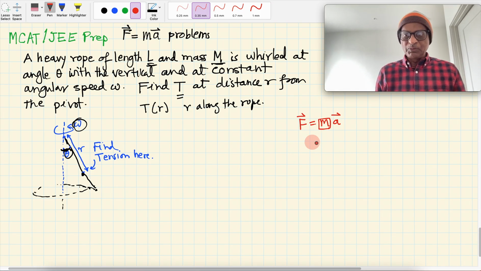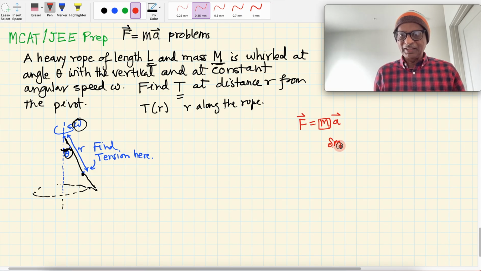So if you look at a small piece, you can call it like a delta m or dm. Sometimes people use delta m, sometimes call it dm. So these are kind of small pieces.